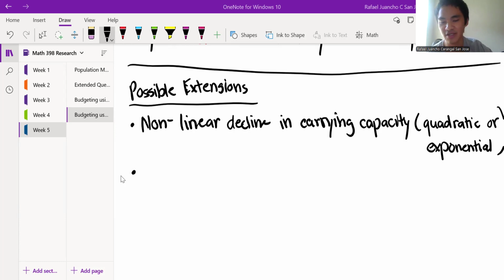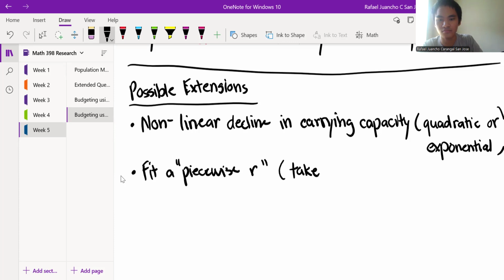Like let's say for this point, because sometimes I need to take into account if my spending behavior changes, like a piecewise R. Just to take into account, let's say, panic buying and stuff like that.